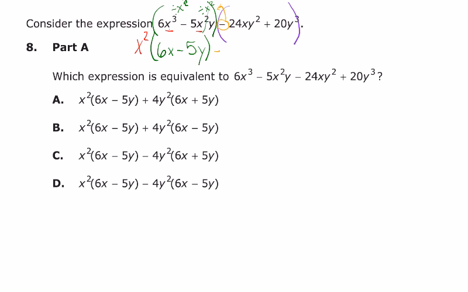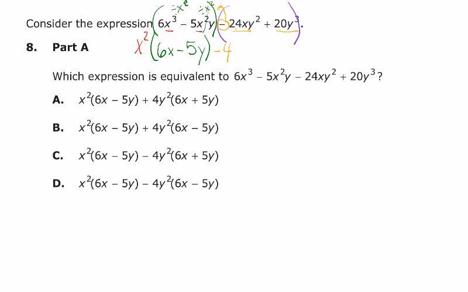All right, so now the greatest common factor between 24xy squared and 20y cubed is, first of all, I'm looking at the numbers. 24 and 20 have a common factor of 4, right? 4 goes into both of them. It's the biggest number that goes into both of them. So I'm going to put a 4 out here.